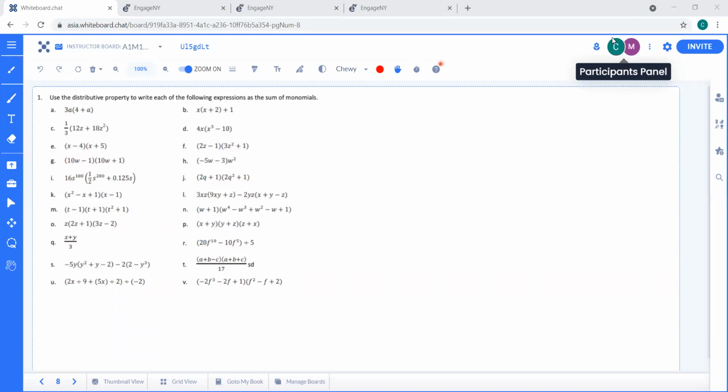A is 3a times 4 plus a. If I distribute that, 3 times 4 is 12a. The a goes with it as well. 3a times a is positive 3a squared.